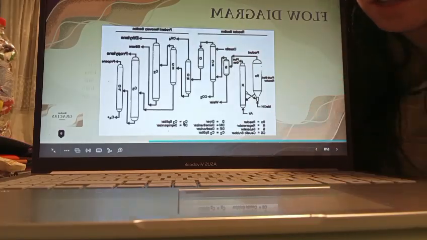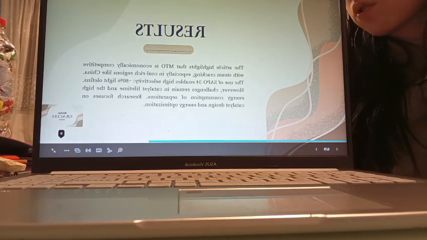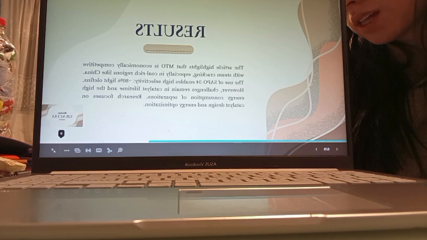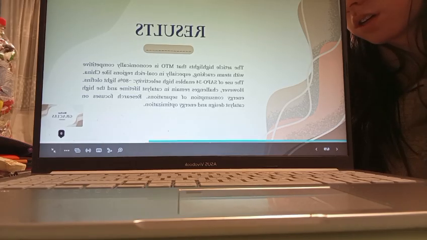Okay. In the results, the article shows that MTO is already a mature and competitive process. For example, in China, large scale MTO plants are in operation using coal-based methanol as feedstock.